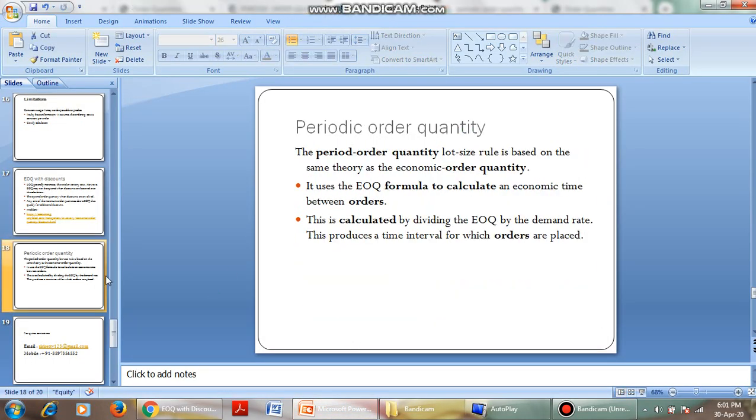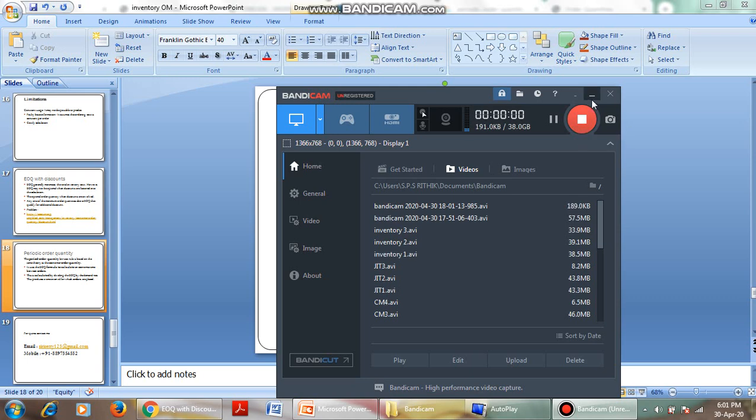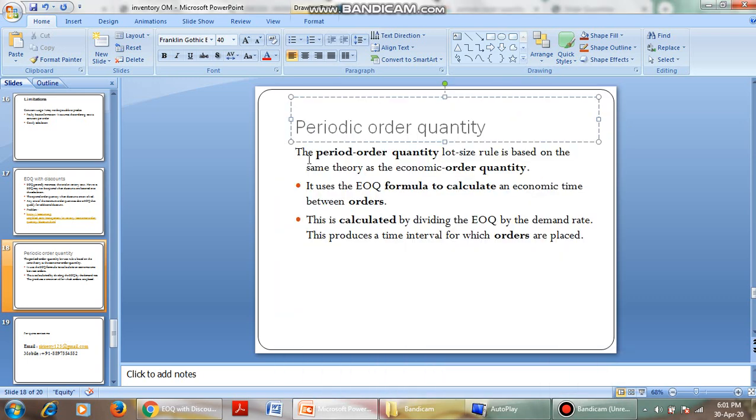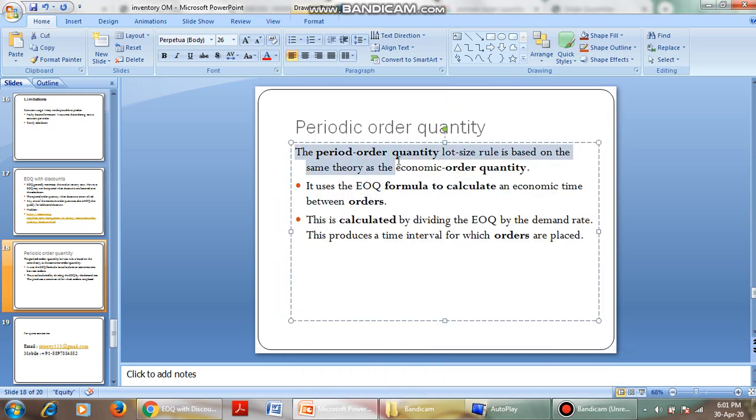Okay, after this economic order quantity, the next one is periodic order quantity. Very simple. Periodic order quantity is a lot size rule based on the same theory as economic order quantity. It says that the economic order formula is used to calculate the economic time between orders. How will we calculate this period?